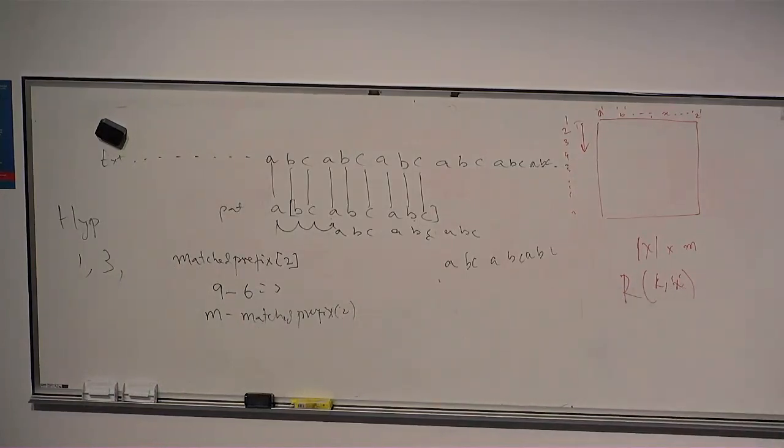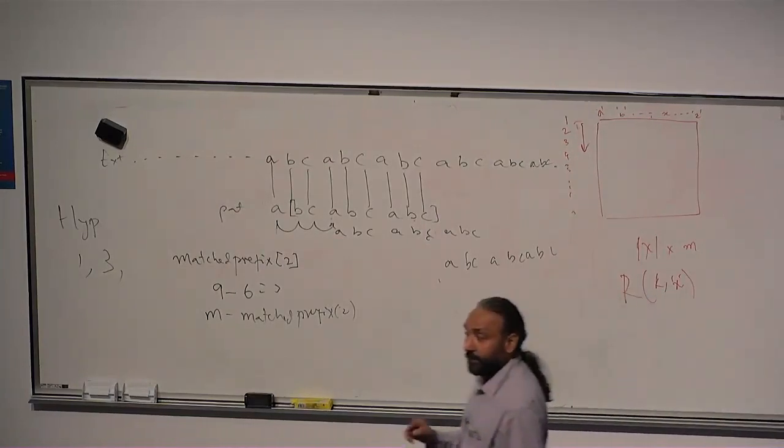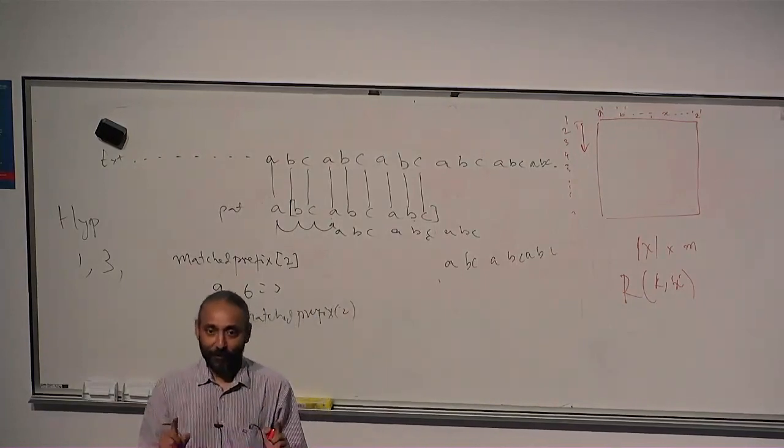So what it ends up doing is saying, I want to find out for every position I, in the pattern 1 to m, what is the longest proper suffix of 1 to I?